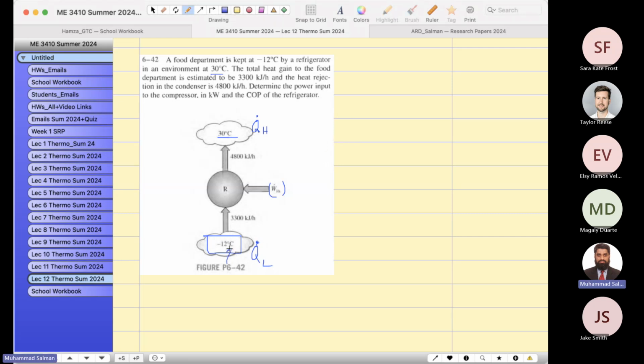So heat gain and heat rejected. Determine the power input to the compressor. We know that COP is Q dot L.